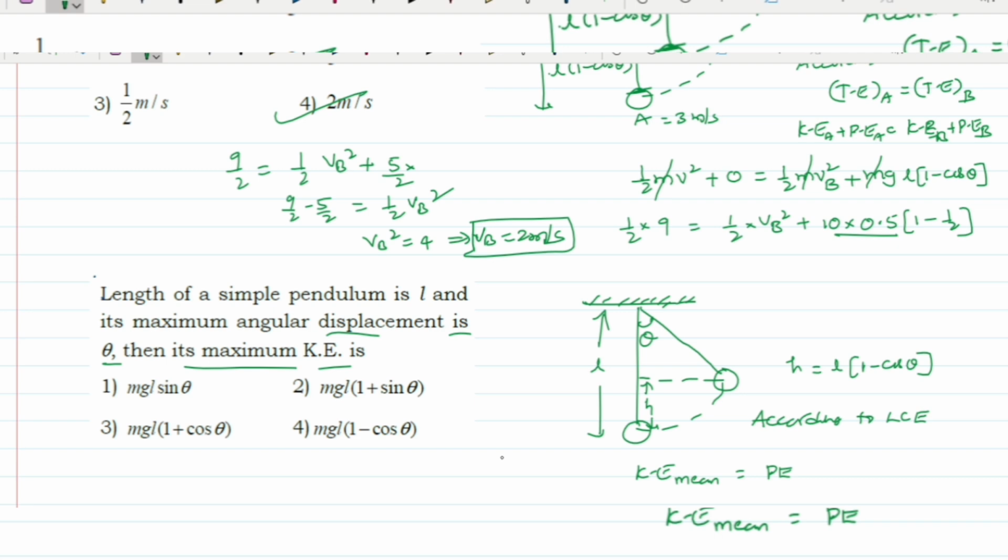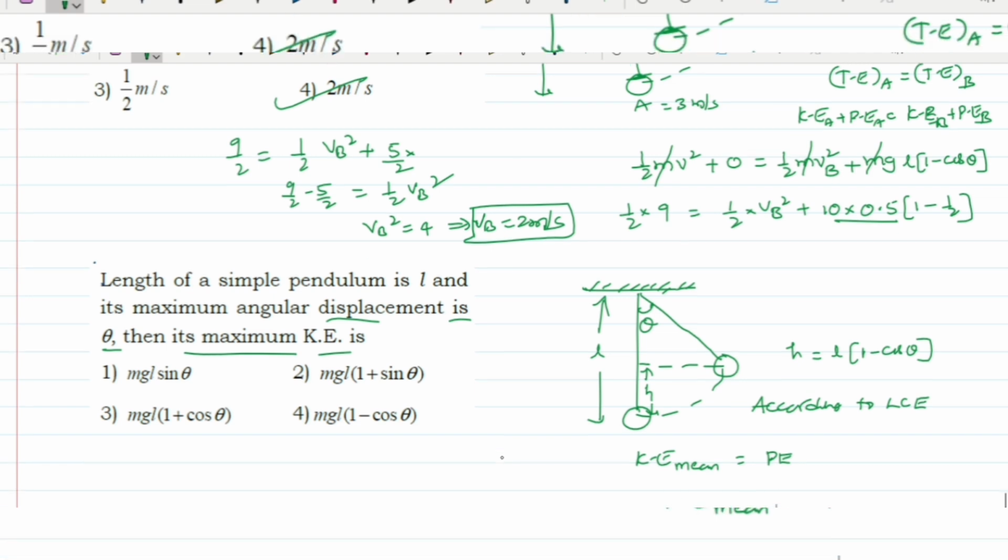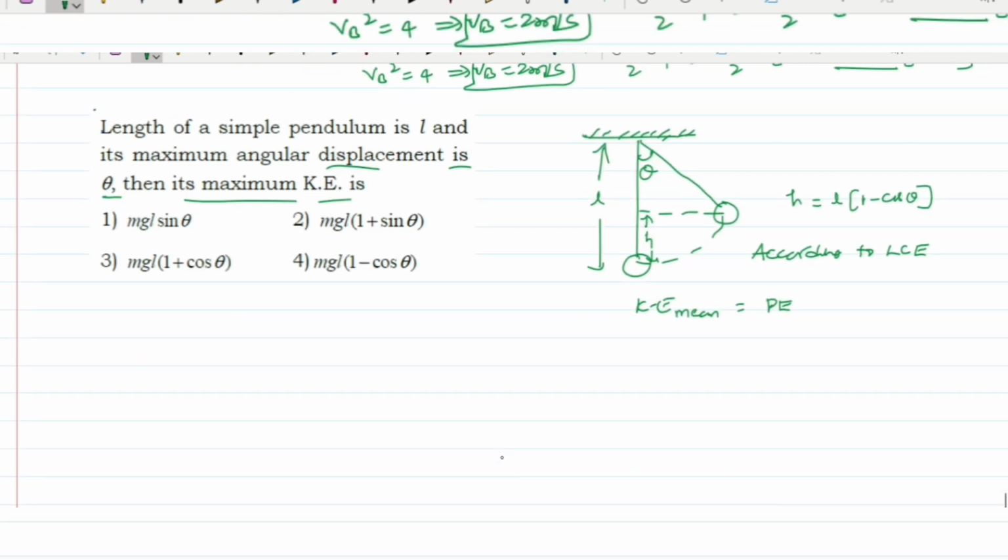Its maximum kinetic energy is equivalent to the potential energy at a certain height, which is mgh. H we already know, so mg into h, in the sense L into 1 minus cos theta. So the maximum kinetic energy is mgL into 1 minus cos theta, which is the correct answer.